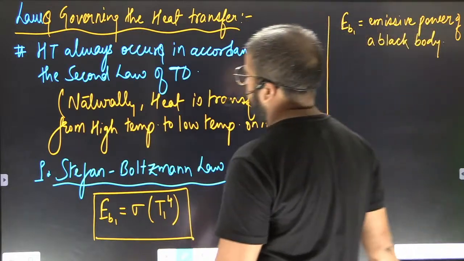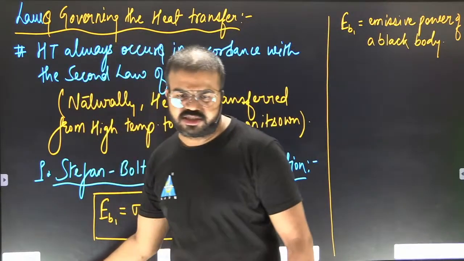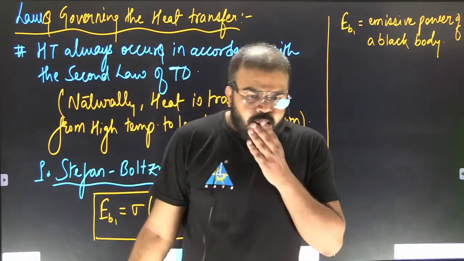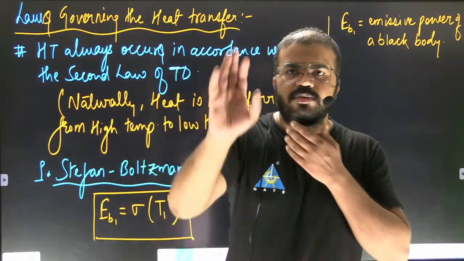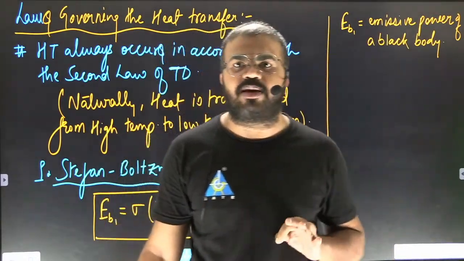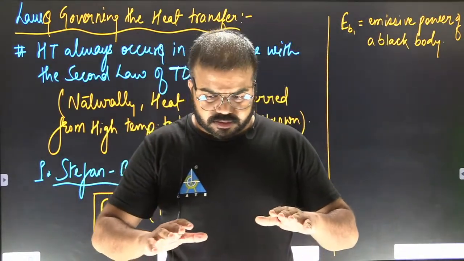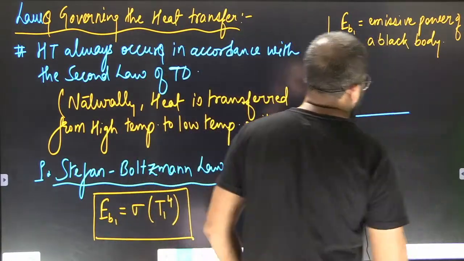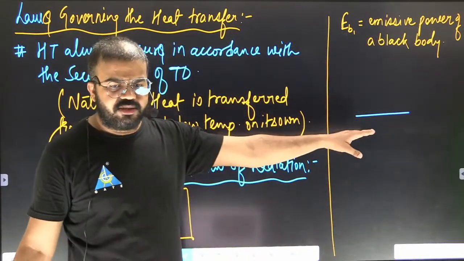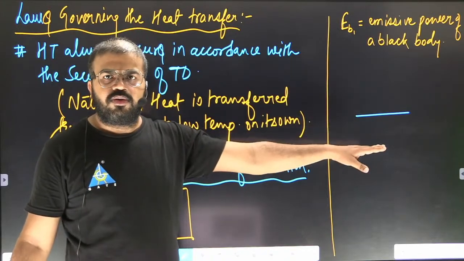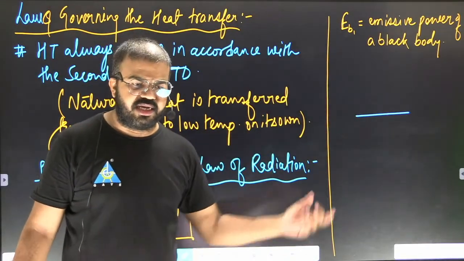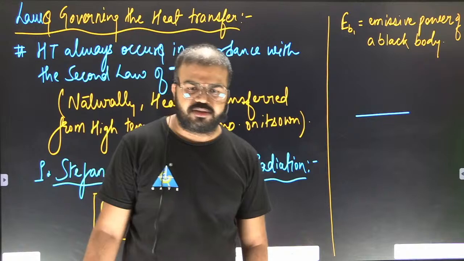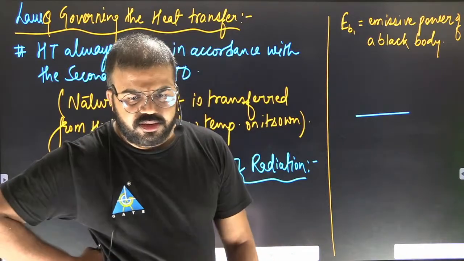See, now let me explain you the concept of black body. If for example I draw this line and I tell you, do one thing, just go and tell me the length of this line. You will be shocked.